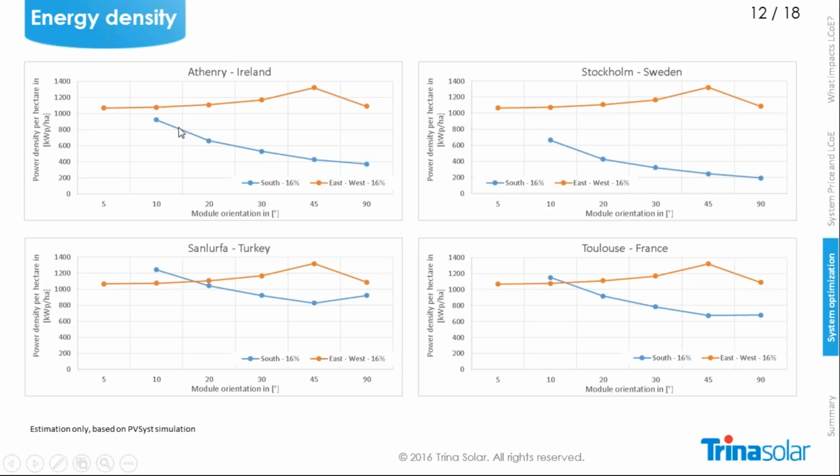For example, in Ireland, with the south system, you cannot achieve the same, but in Turkey, especially in the south of Turkey, if you're around 22 degrees, you can see that the energy density from an east-west orientated system to a south-orientated system is equal.